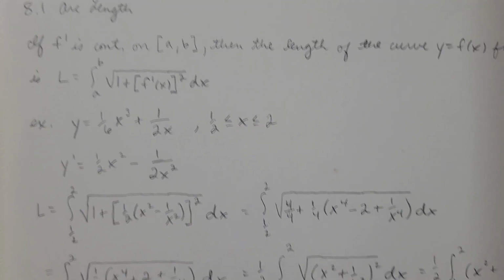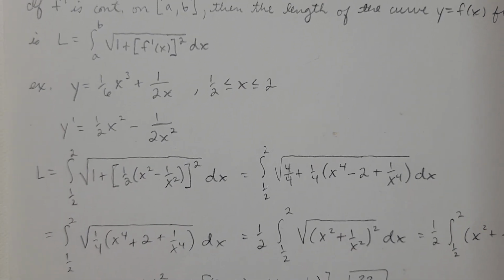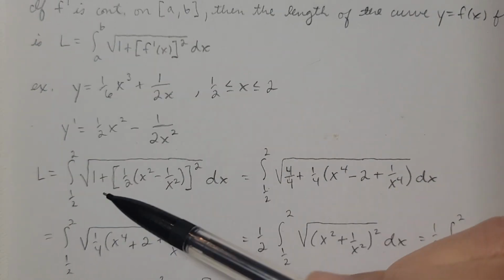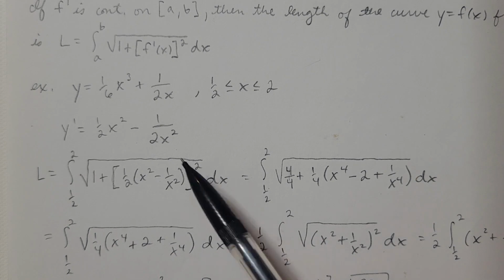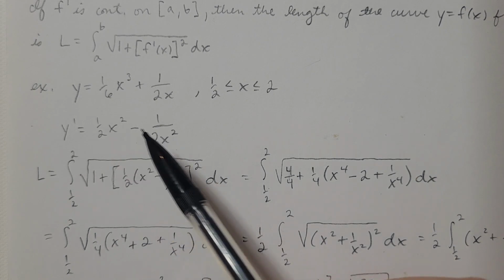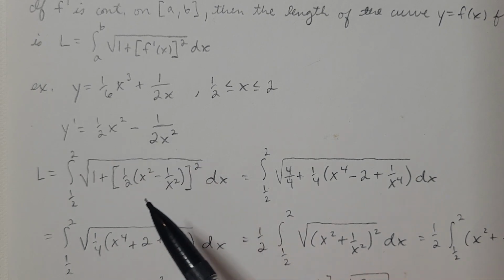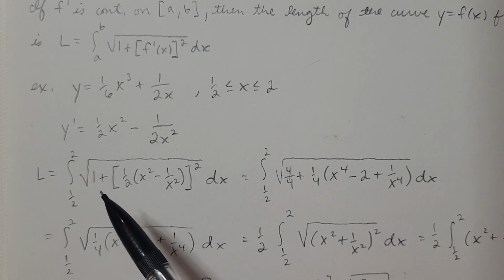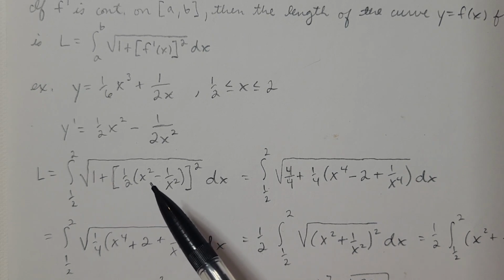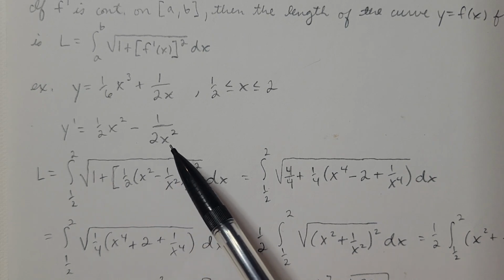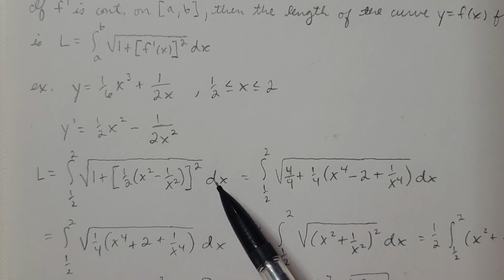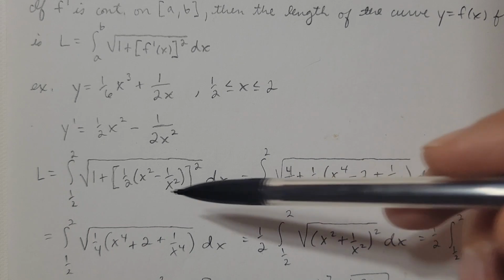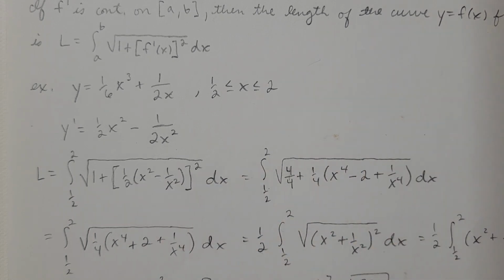Okay, and using the formula, I'm going from A to B, so A is 1/2, B is 2, and 1/2 is in common to these two terms, so I'm going to go ahead and factor that out. So I got the square root of 1 plus 1/2 times x squared minus 1 over x squared, squared, dx. Okay, so that's the integral that we need to find.